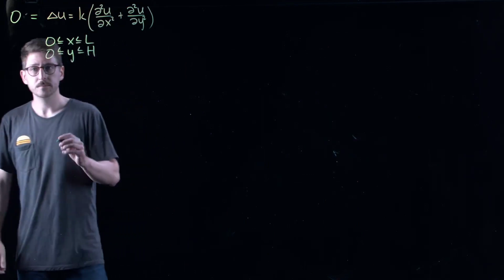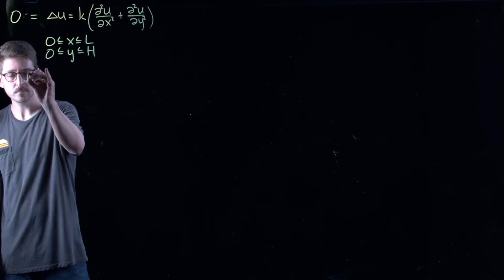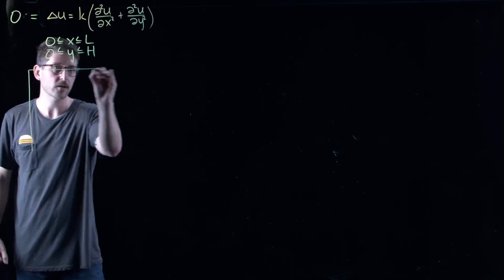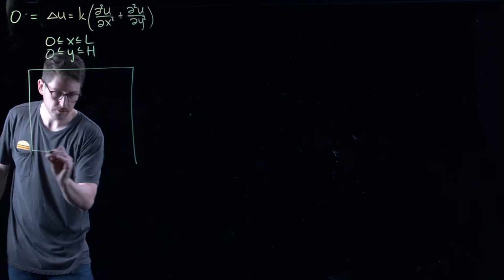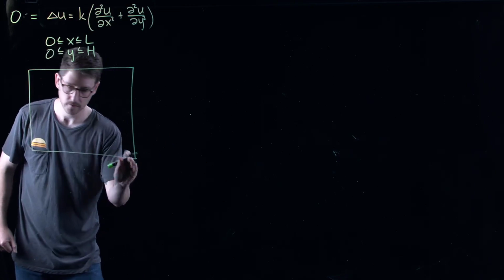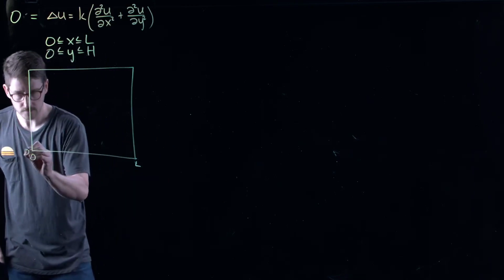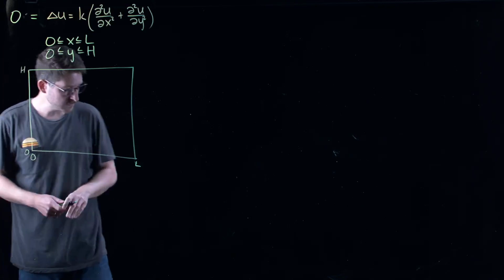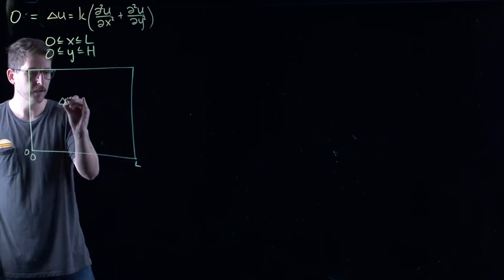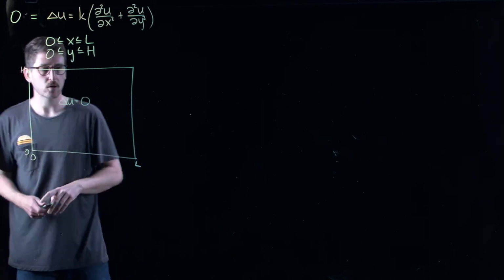So in this case, here's what I want to do. Again, things are going to get much, much more complicated. So here's 0 to L, here's 0 to H. This is my domain. I am solving this equation.